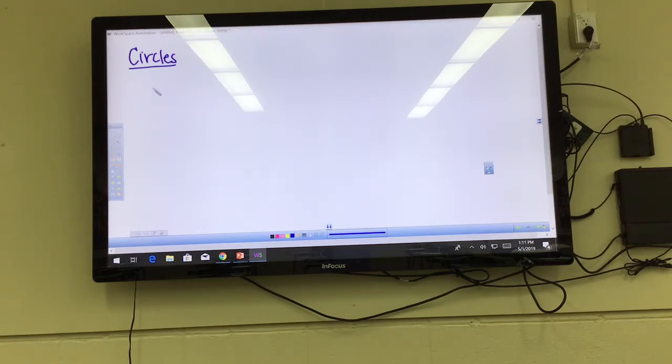It says any segment whose endpoints are the center and a point on a circle is the radius of the circle. And that's just basic knowledge from what we've already learned from middle school and geometry and algebra 2 about circles. So the equation of a circle that you see on your handout has a center at (h, k) with a radius of r units.